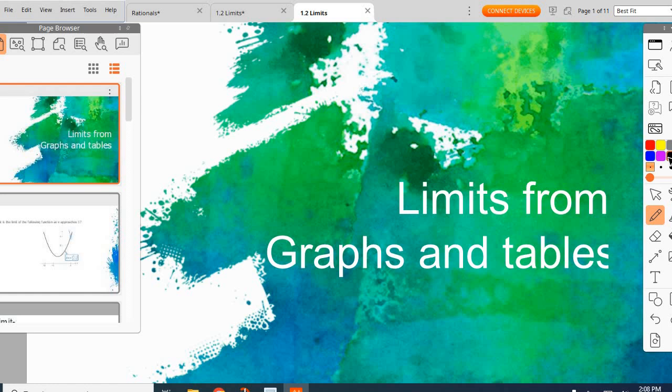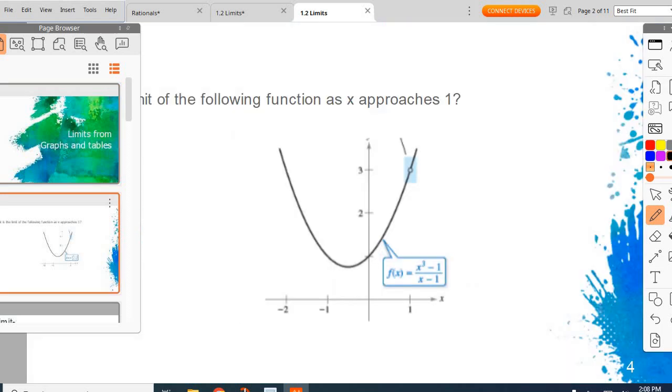Especially on the non-calculator active portion, that's where you're going to see a lot of graphs and tables, because the AP people want to make sure that you actually understand the concept, and not just that you can plug stuff into a formula and go. That's not really showing understanding of an actual concept, but just shows that you know how to use a formula, which is why we have to be able to manipulate and do things with our different representations.